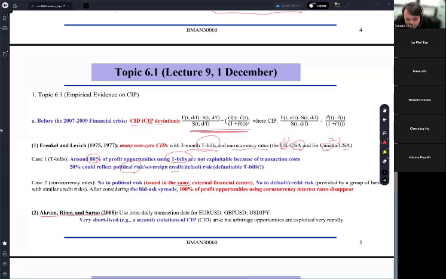Anyway, in order to avoid this kind of issues, since we have to worry about political risk or sovereign credit default risk, they investigate CID using euro currency rates. So what are the euro currency rates? For example, LIBOR. LIBOR is the London interbank offer rate.